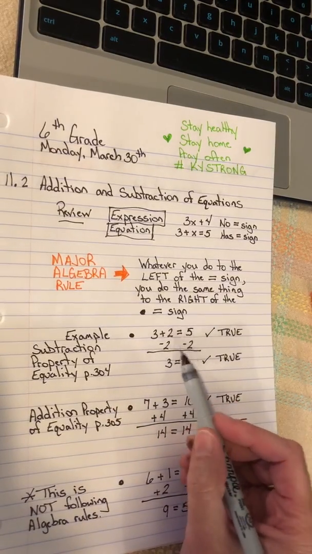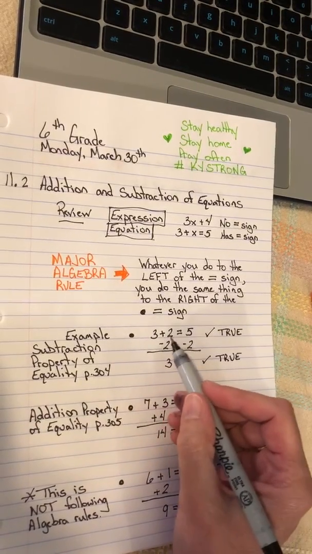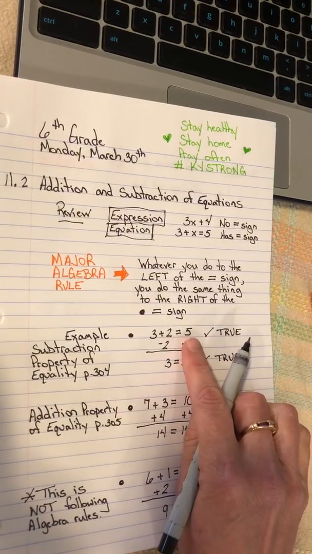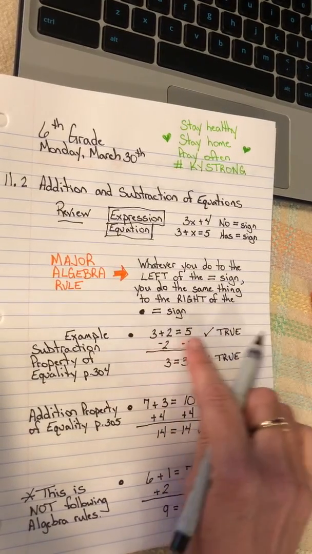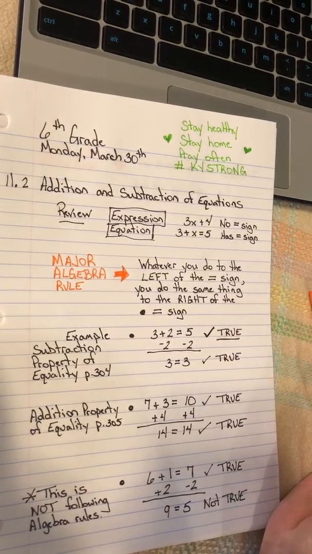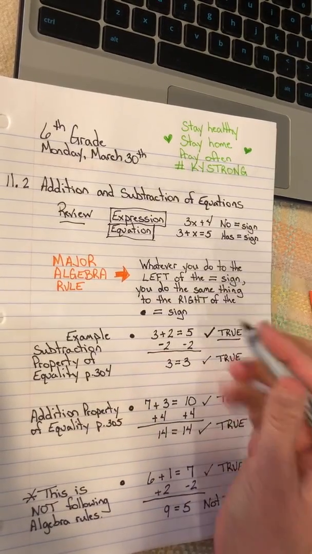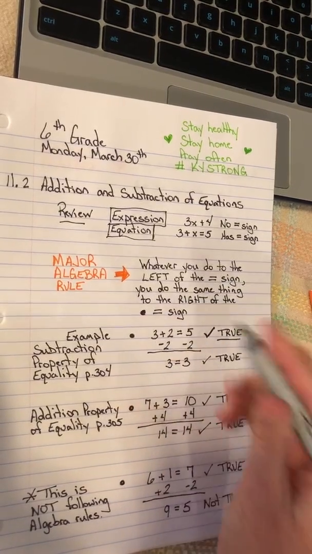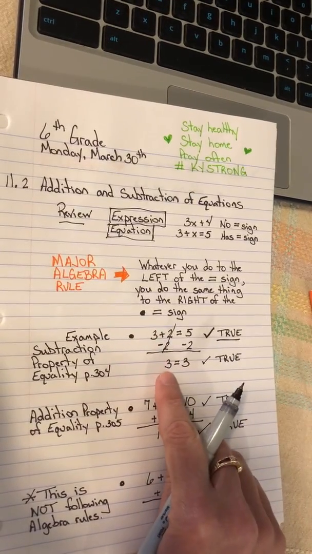I just did a simple example without any variables in it. If we have 3 plus 2 on the left side of the equal sign, and we have the number 5 on the right side, the two sides are equal. So that's why we have the check mark and we say that it is true. If we subtract 2 from the left side, and also subtract 2 from the right side, the 2's will cancel out on the left side, and we're left with 3.